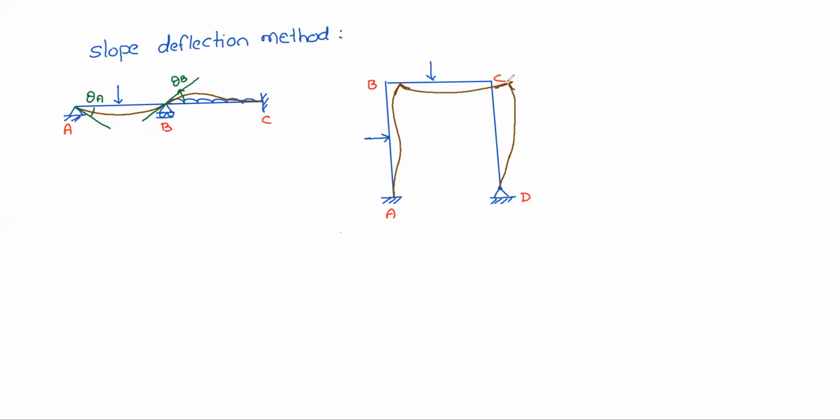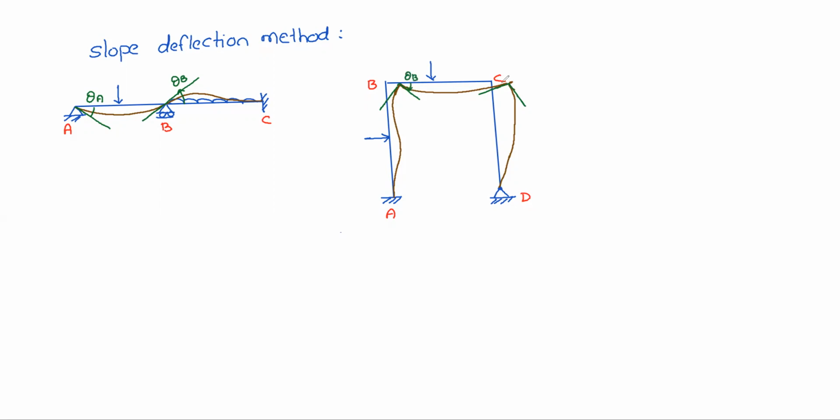So now displacement field is like this. To draw a tangent, it is like this. To draw a tangent here, it is like this. So displacement field. This is theta B rotation. Okay.